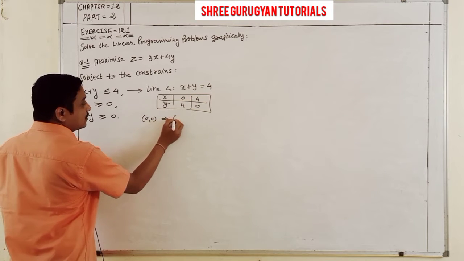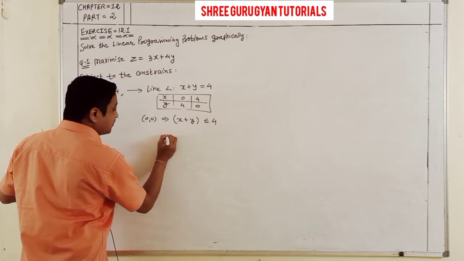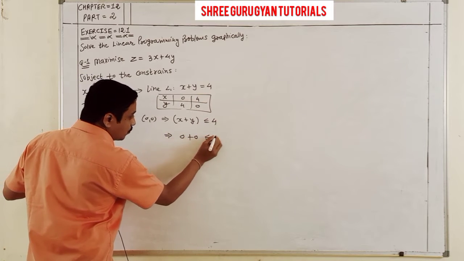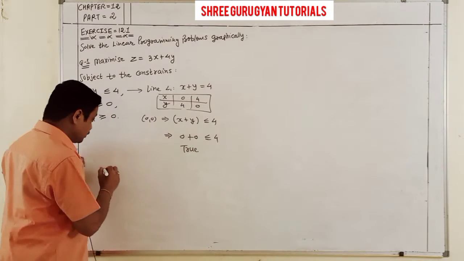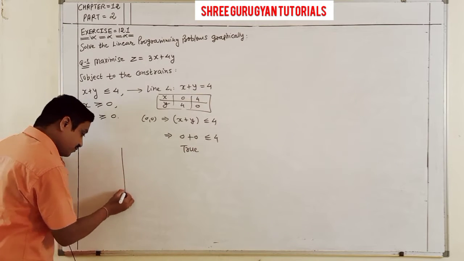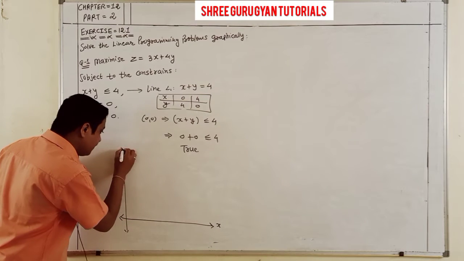Your x + y less than 4 is surely true. So your graph is running towards the origin side, definitely.